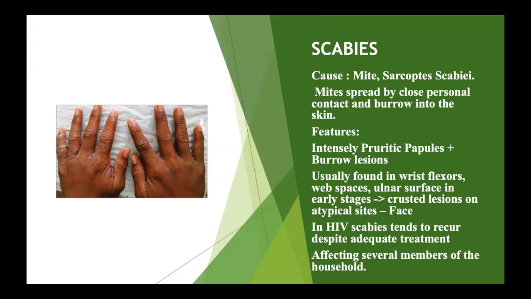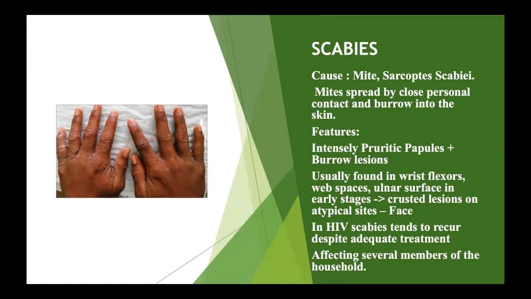Lesions on the atypical site of the face, but we normally see these lesions on the hands and the feet. So, the web spaces of the hands and the feet.